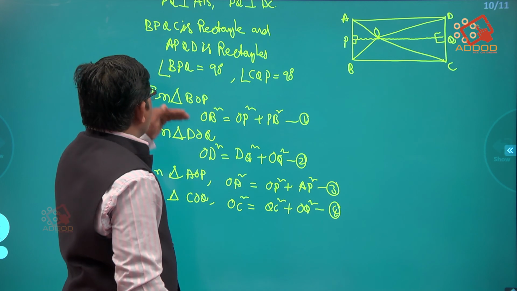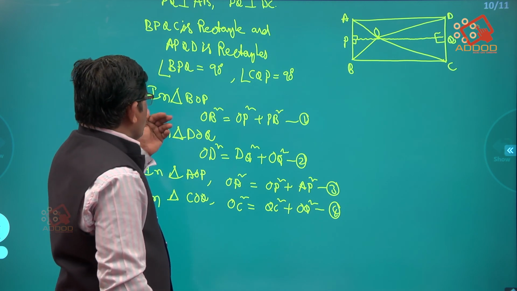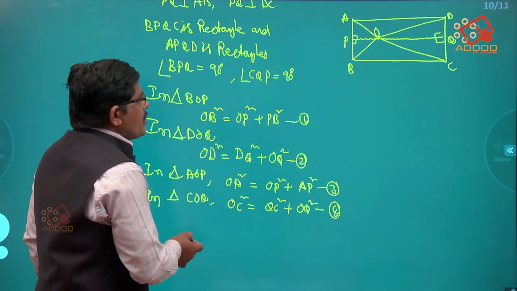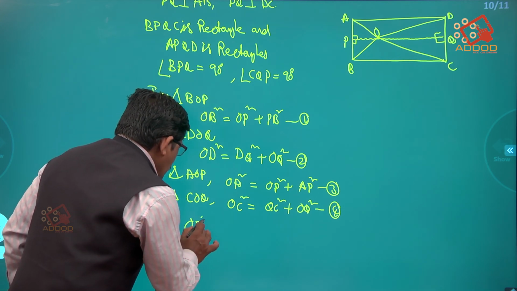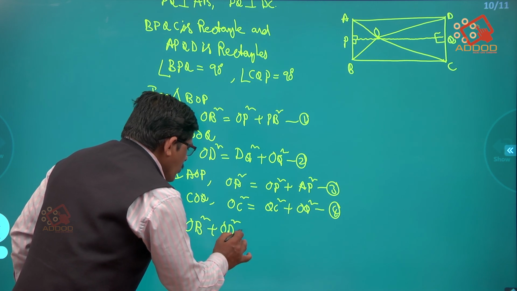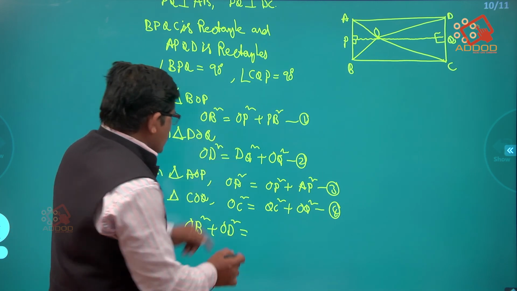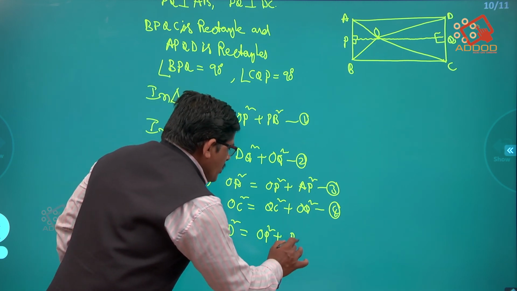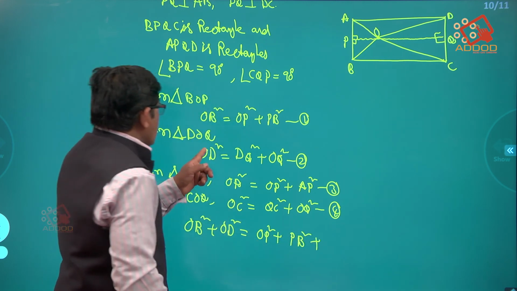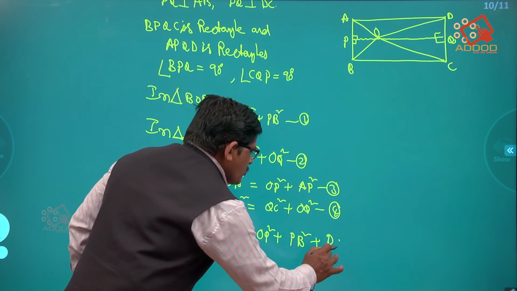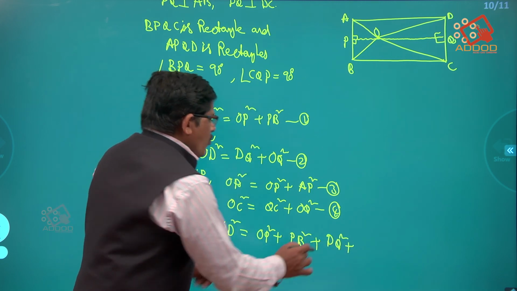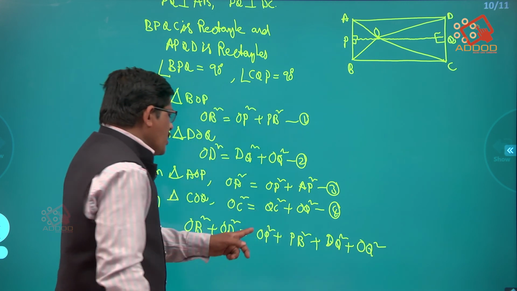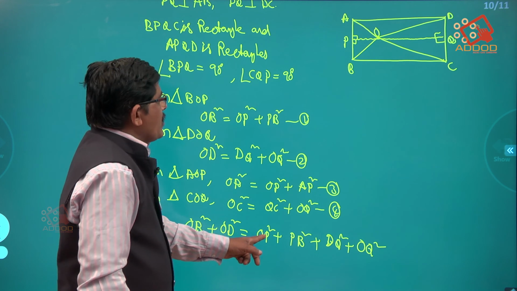Now you prove the first one. What is the proof here? First, OB square plus OD square. What is the value of OB? OB square is equal to OP square plus PB square, and OD square is equal to DQ square plus OQ square. Now, what is the length of OP?